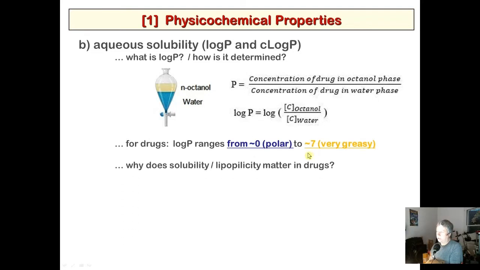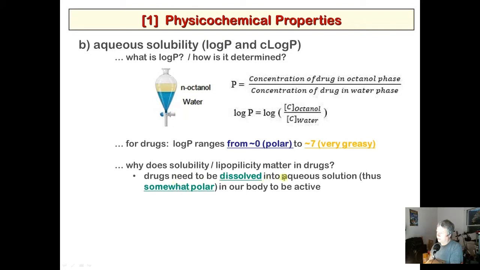So why does solubility or lipophilicity matter in a drug? You may have never thought of that before. A drug needs to be somewhat aqueous soluble in order to operate in your body, because it needs to be able to dissolve in blood and in your biological fluids, in the cytoplasm, and things like that. If it doesn't dissolve, it can't be active.